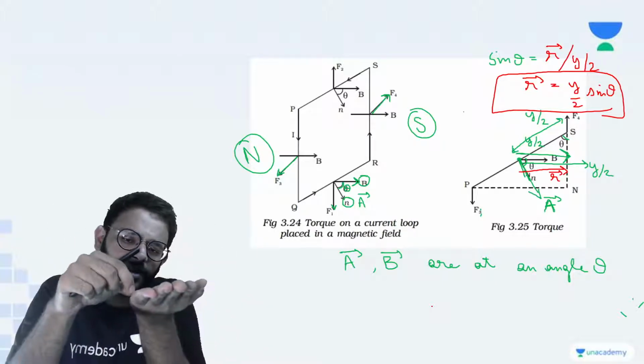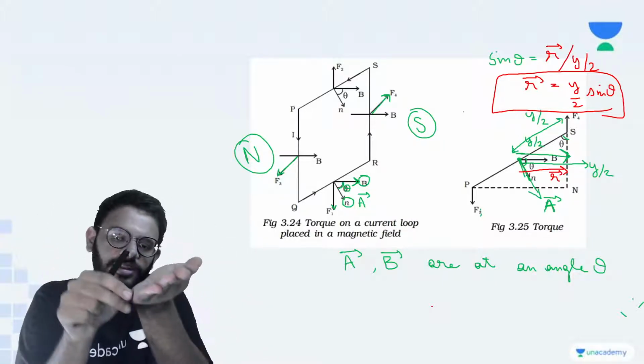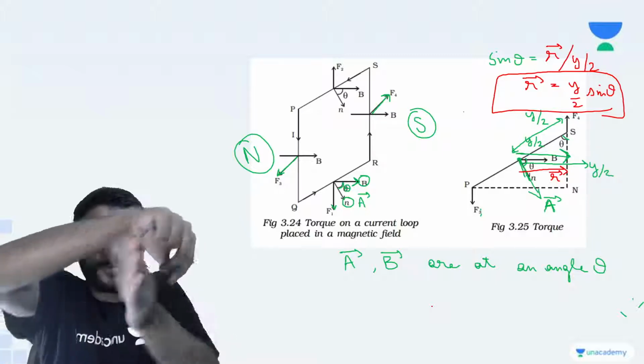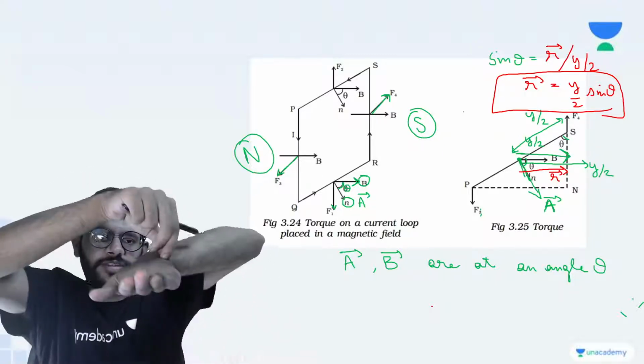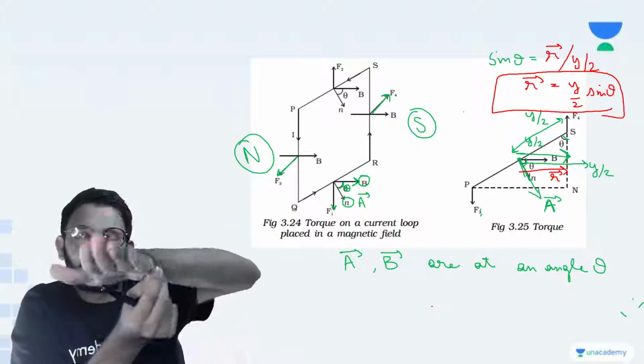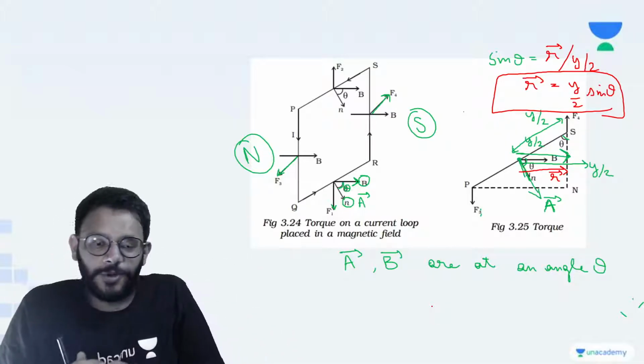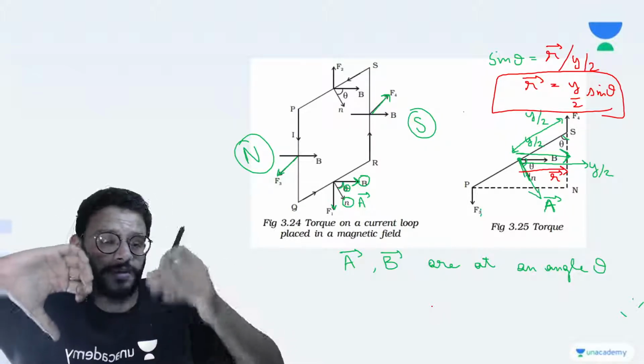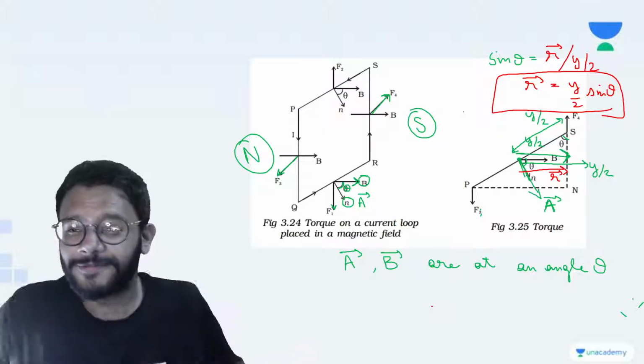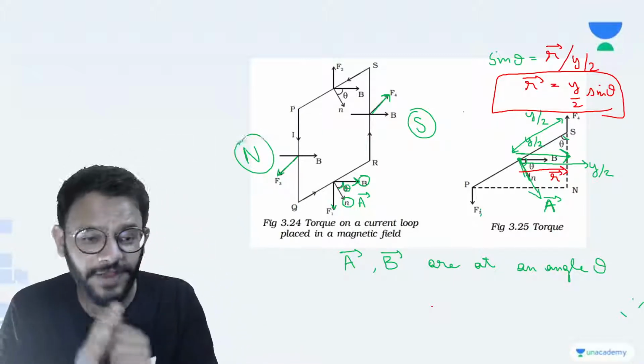The wire which was carrying current in the inverse direction is now going to carry current, yet again in the inverse direction only, but the torque acting on it is going to be in the opposite direction, which is the key part, which is the fun thing over here.